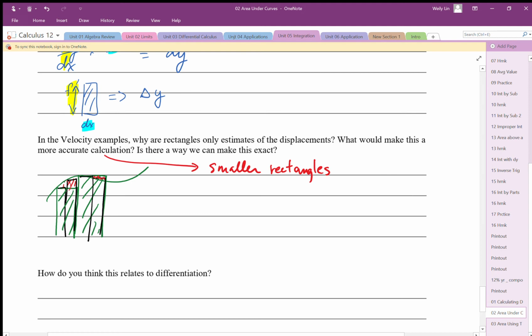The parts that don't match are less, so we have a much more exact way of doing it. Is there a way we can make this exact? Well, we could make it more exact by using narrower rectangles.